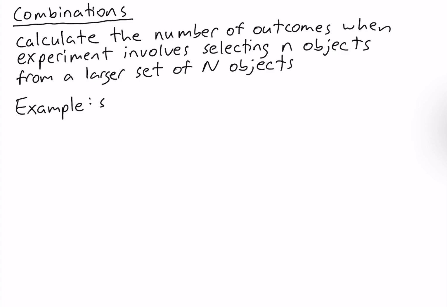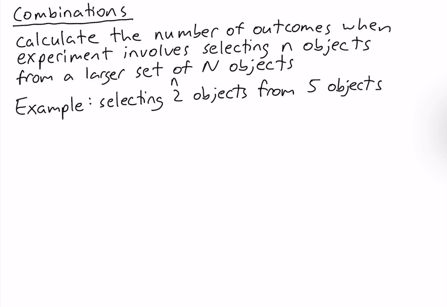Suppose that we're selecting two objects from a set of 5 objects. So lowercase n is equal to 2 and capital N is equal to 5.